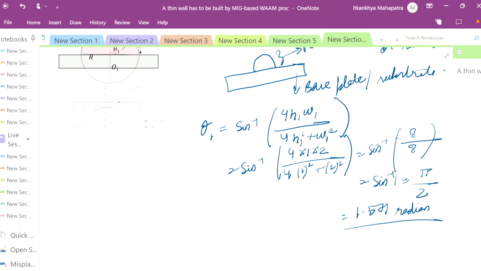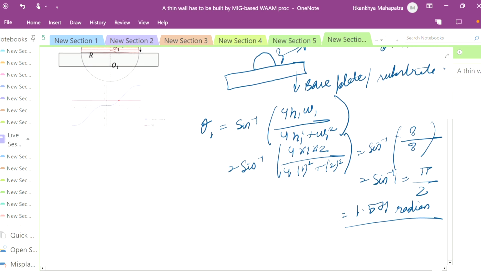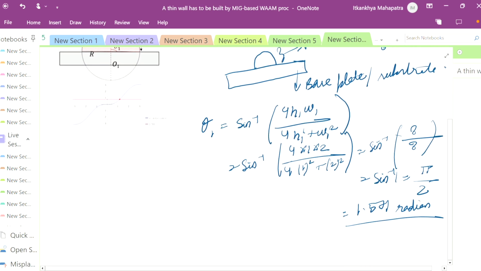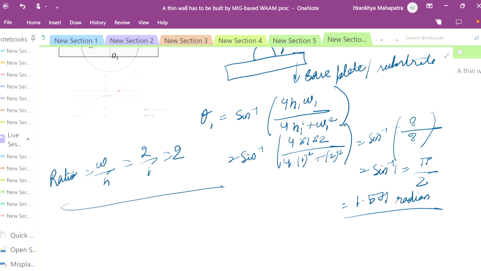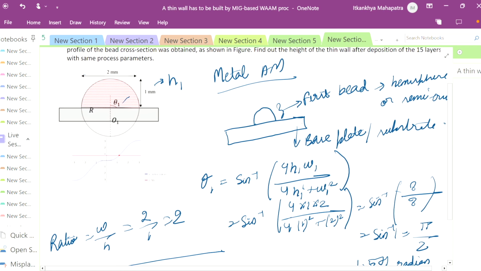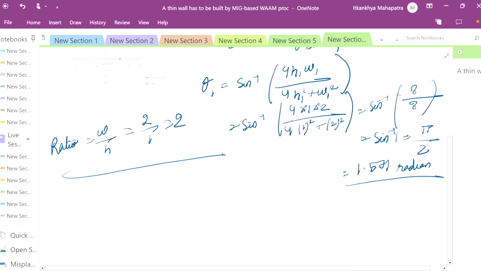Also we will see the ratio W by H, which is 2 by 1, equal to 2. This is the ratio. Now we need theta n.